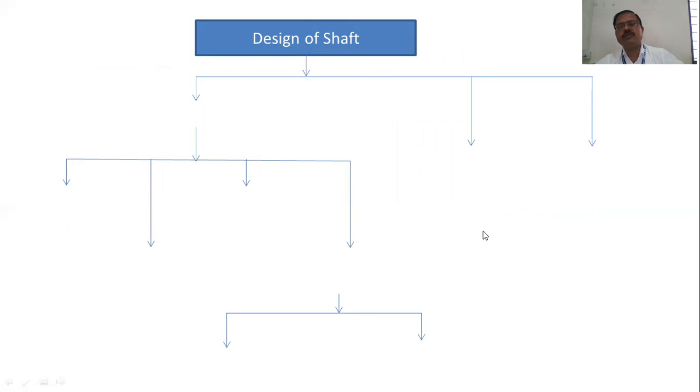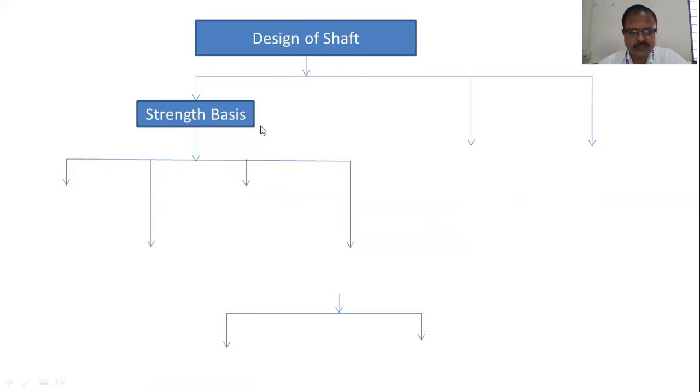Now, when we are talking about the design of shafts, shafts are generally designed on three different bases. One is on the basis of strength desired. That means the amount of stresses induced in the shaft material due to application of external forces. If that induced stress is less than the permissible stress, then we can say that the shaft is safe on the basis of strength.